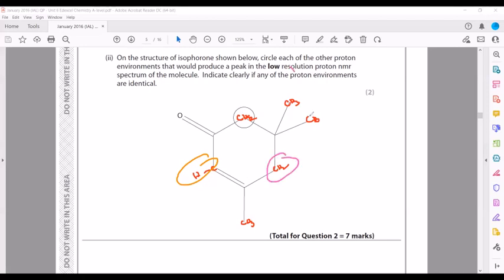This CH3 is not identical to this one because next to it is an alkene group. So this CH3 is different, but these two are identical. So there are 1, 2, 3, 4, 5 hydrogen environments.